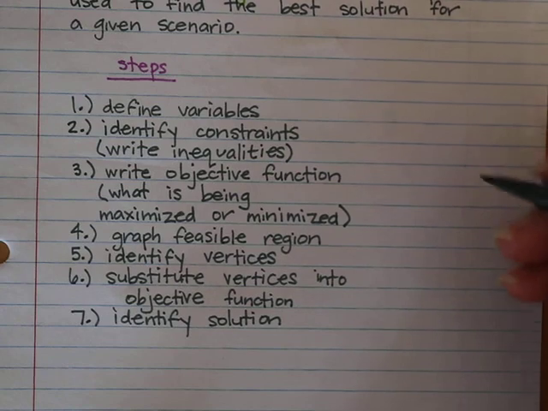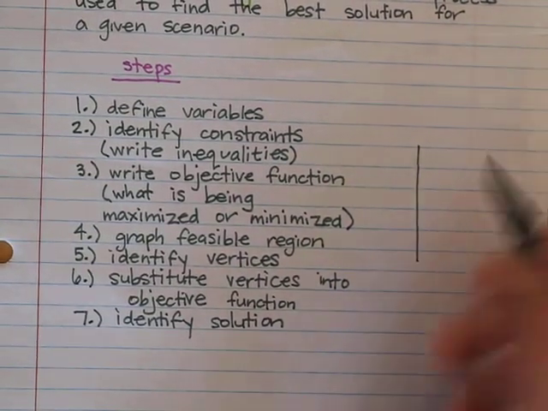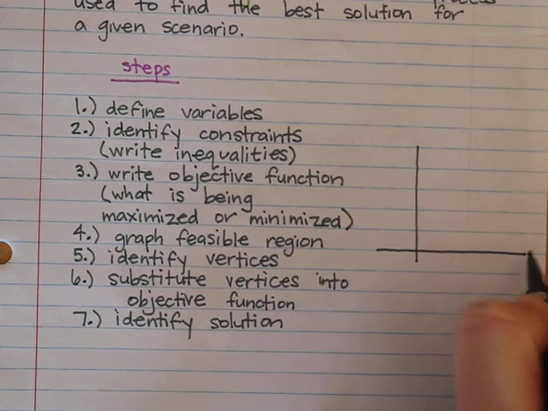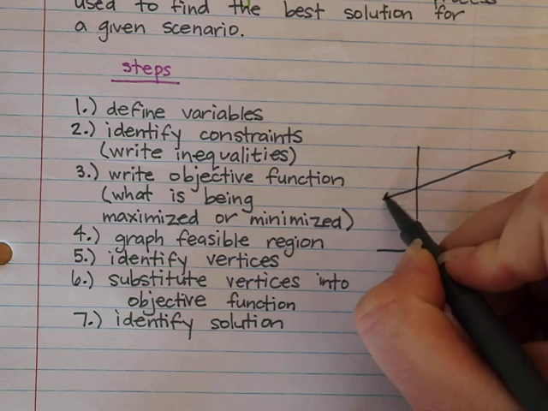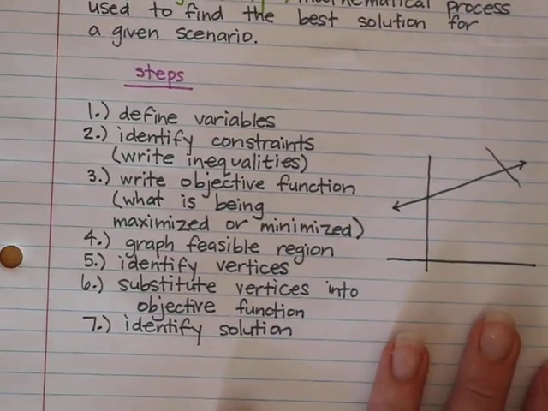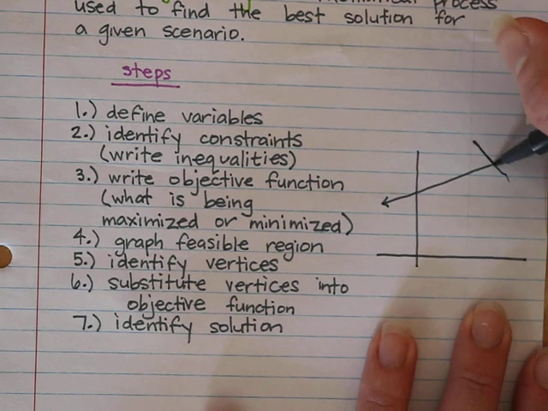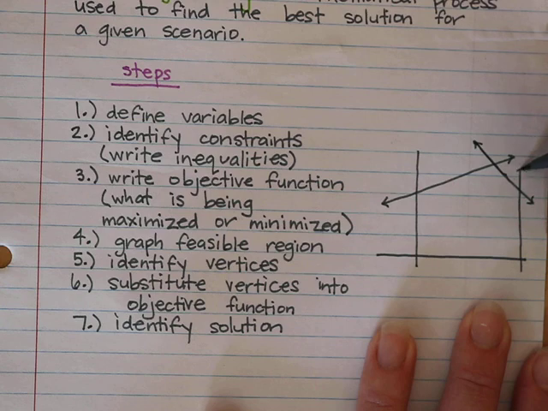Just really quickly, basically you're going to end up with a graph that looks like this. You might have a constraint that does something like this. You might have another constraint, whoops, excuse me, I'm trying to draw this beautiful house here. Another constraint that dives down, and then maybe a third constraint coming straight up.